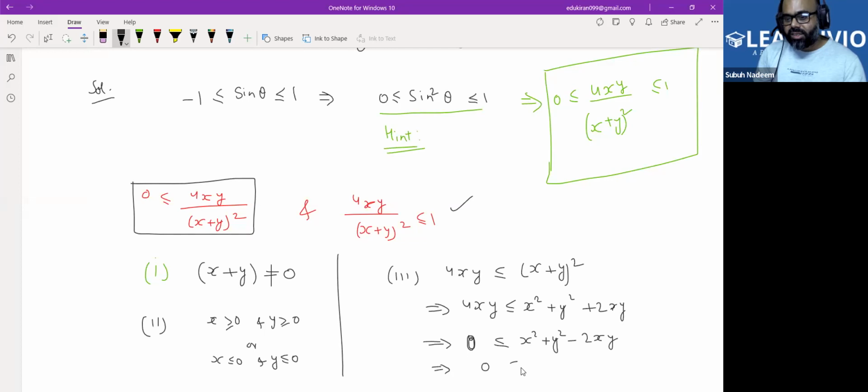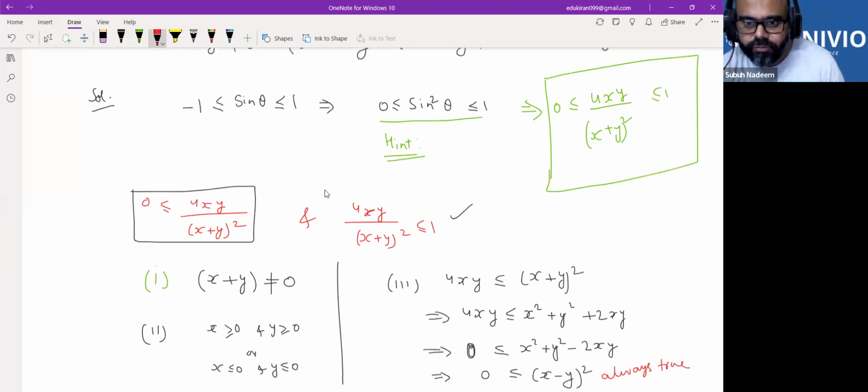So 0 is less than or equal to x minus y whole square. But this is always true, because if you take a square, it is always greater than or equal to 0. So there is no issue here.